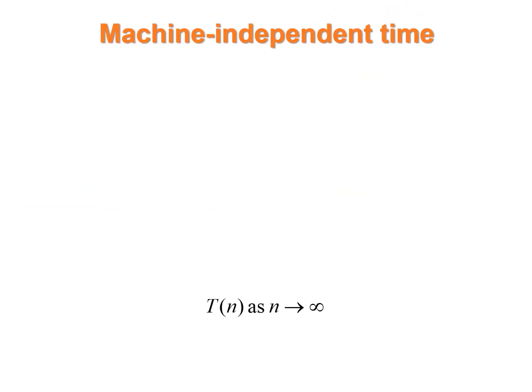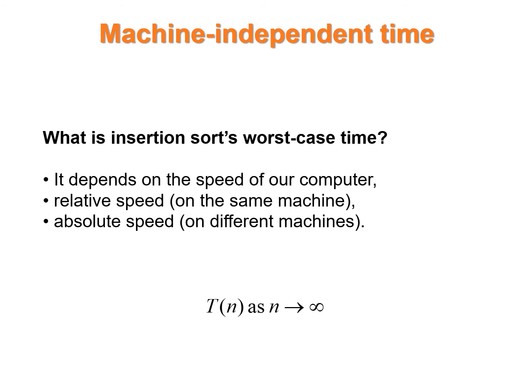Machine independent time. What is the insertion sort worst case time? It depends on the speed of our computer: relative speed on the same machine, absolute speed on different machines.